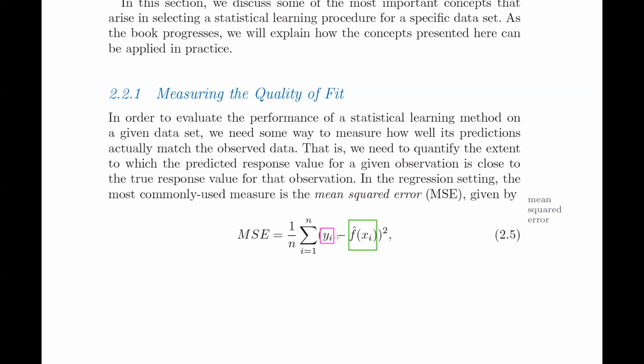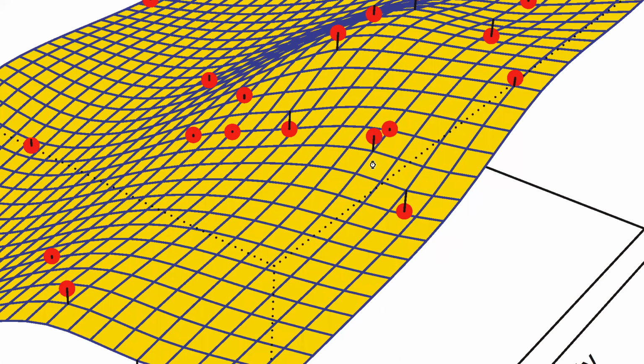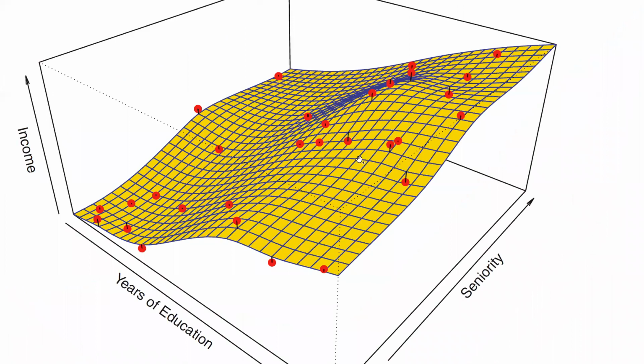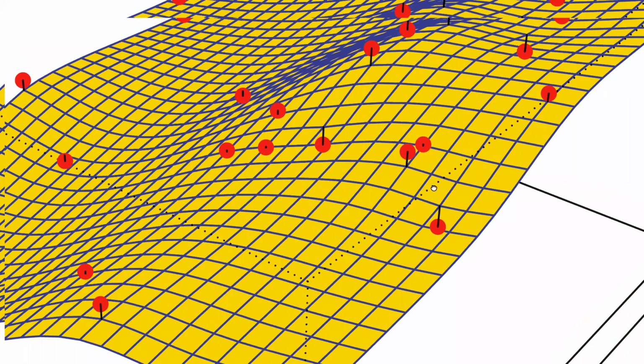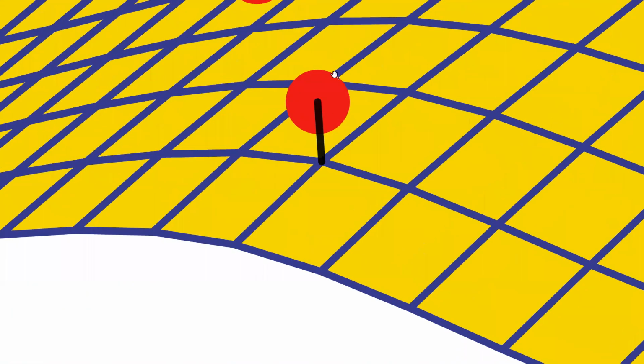So the difference, that subtraction, is giving you these black lines, which we described as the error in previous sessions. So let's find one point, for example, this one.